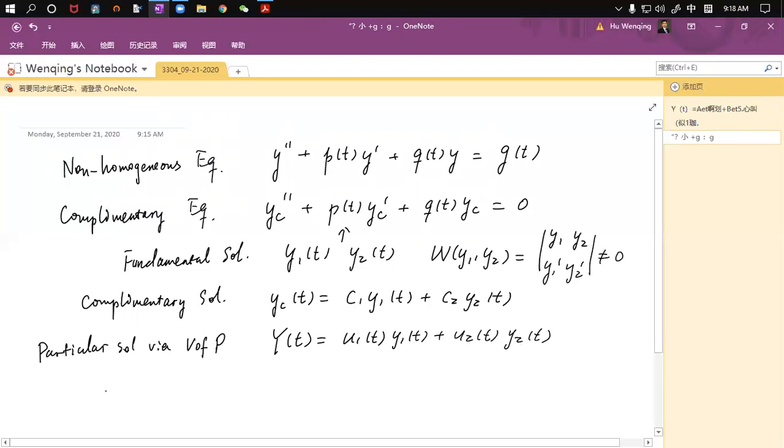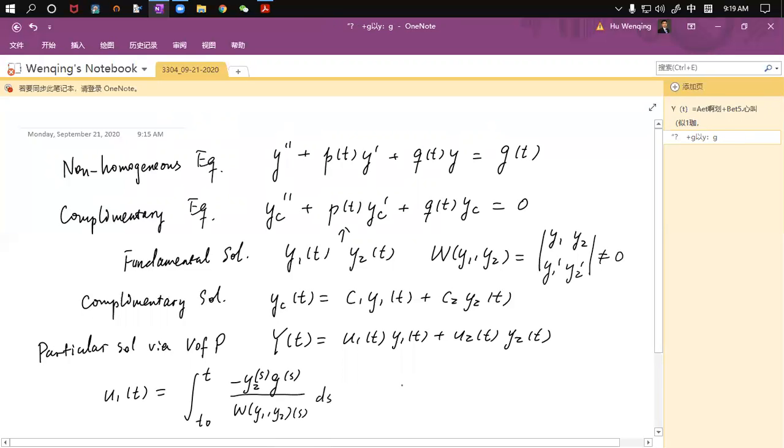So now I give you a formula. u1 of t is the integral from t0 to t of minus y2 of s multiplied by g of s divided by the Wronskian W of y1, y2 of s, ds.